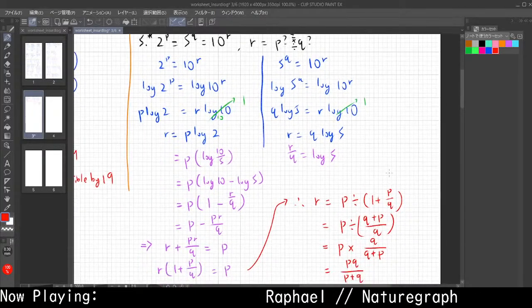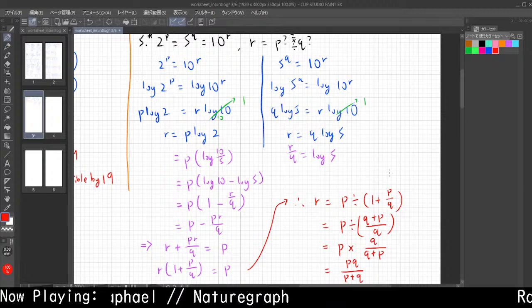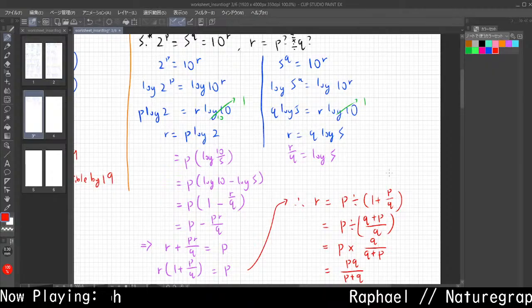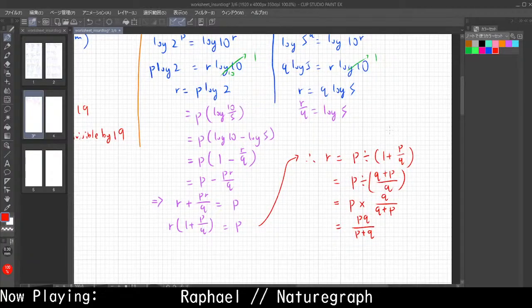So we can get rid of the 2 by changing it into 10 over 5. Log 10 we have an expression, it is just equals to 1. Log 5 we also have an expression that doesn't rely on the logs themselves, which is R over Q that we got from the outside. Therefore, this is what we can do.